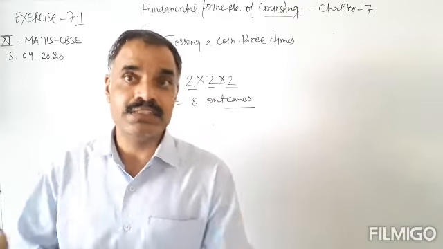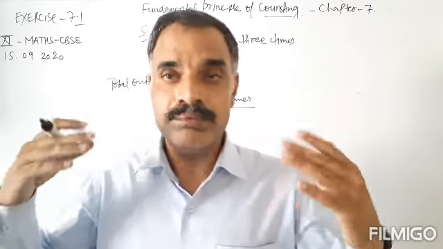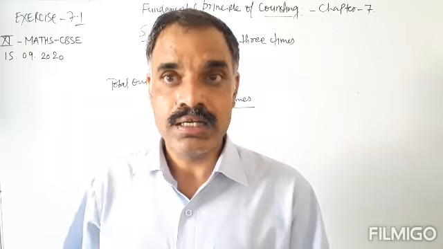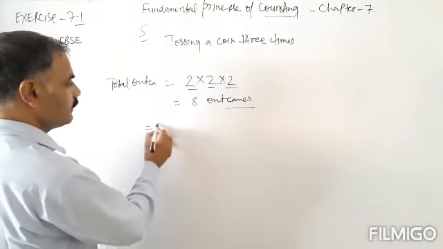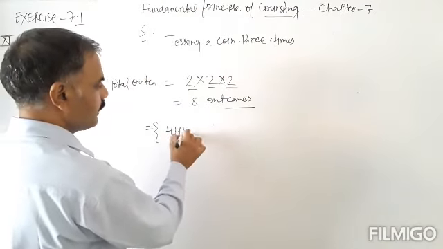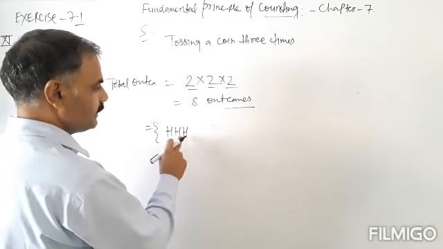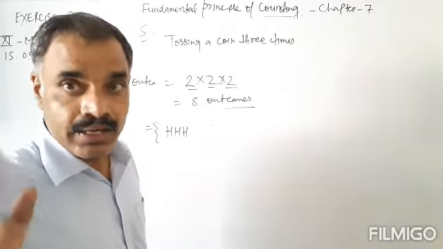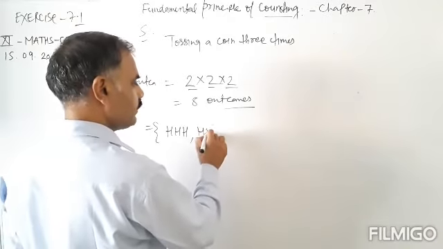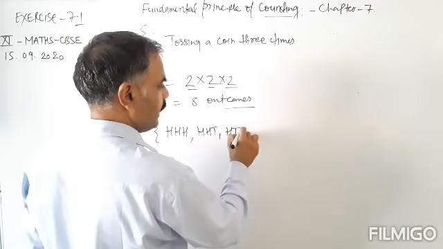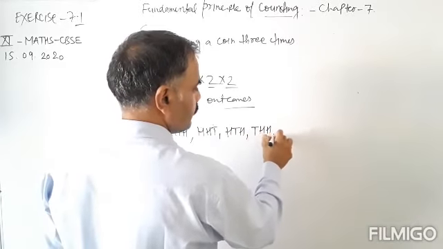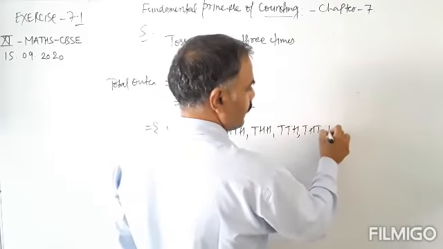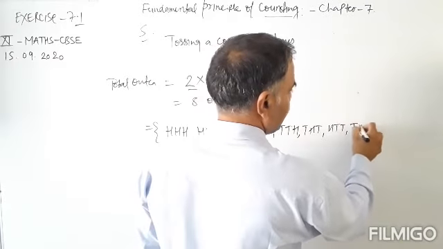And if we find total outcomes by arranging, we have head, head, head, meaning in the first, second and third attempts we have head in all. Then head, head, tail; head, tail, head; tail, head, head; tail, head, tail; head, tail, tail; and lastly tail, tail, tail.